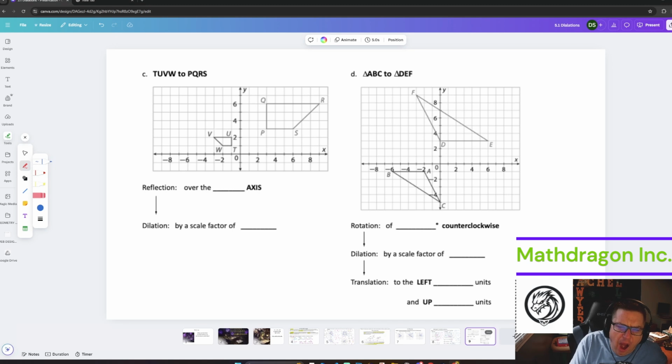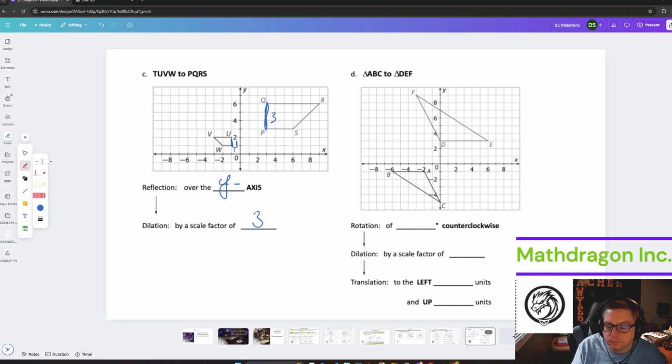Okay. So give these test tries, give these test runs. This one's just going to get reflected across the y-axis, and then by a scale factor of, I want to assume 3, because I see this is 1, and I see that's 3.